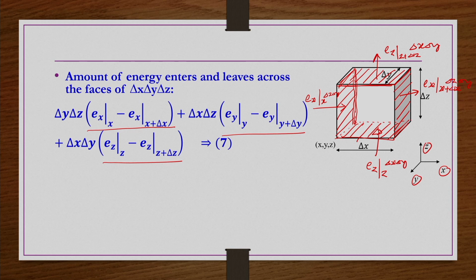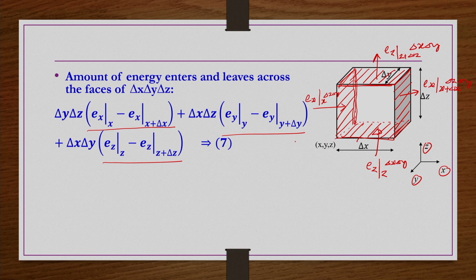On the right hand side, there were 4 terms in equation number 1: the net rate of addition of internal energy plus kinetic energy because of convection, plus the net rate of heat addition because of conduction, plus the rate of work done on the system because of molecular stresses. All those three terms are included in the energy vector E, and the net rate in the form of E is what we write here as equation number 7.